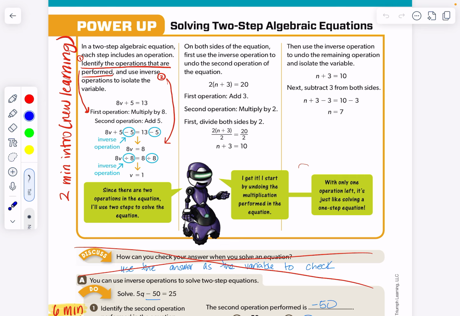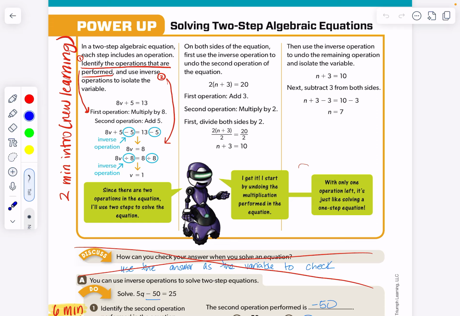For instance, in this example right here, we have 8v plus 5 is equal to 13. And in order to get that v by itself, students will have to first identify what operations are being highlighted within this problem. So we see multiplication and we also see addition.